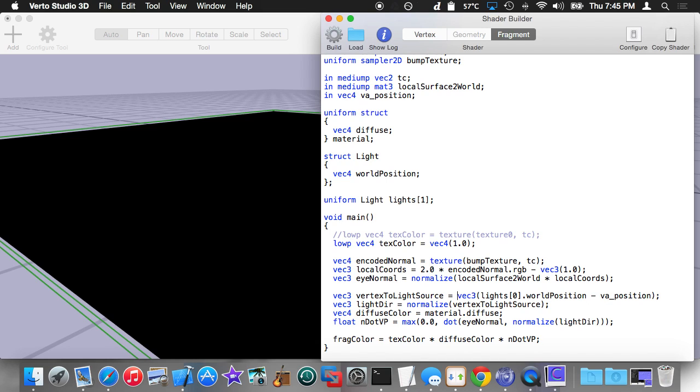Once we have that, we basically have our world space normal, and we can obtain a vertex to light source vector, which, like I explained in the vectors video, if you want a vector, you just subtract what you're aiming from from what you're aiming to, and you have your vertex to light source. The light direction is basically the normalization of that vertex to light source.